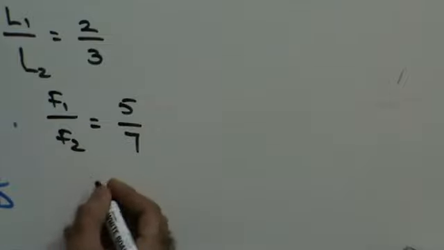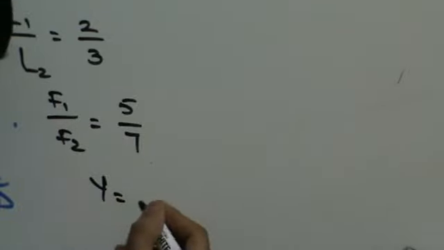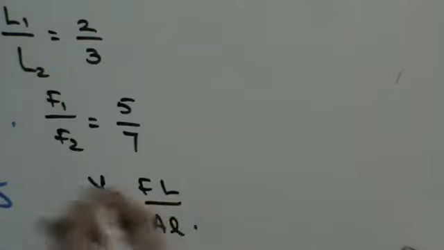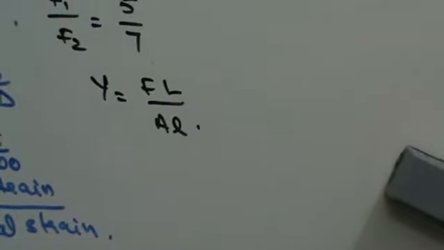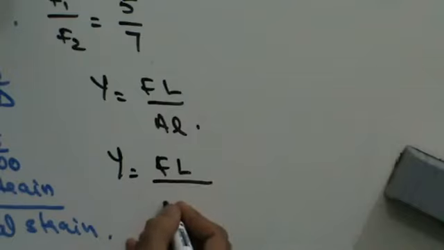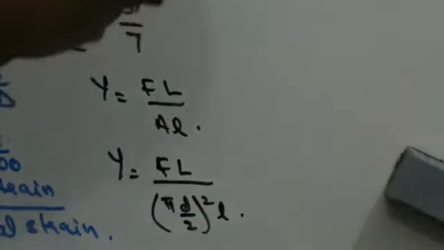Okay, let's see this. Young's modulus is nothing but FL upon A times the extension, right? A is pi r square. R is nothing but diameter upon 2. So I can say Y is equal to FL upon pi diameter upon 2, the whole square into the extension.